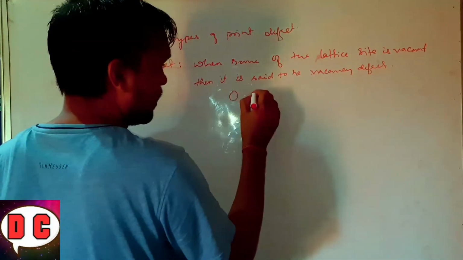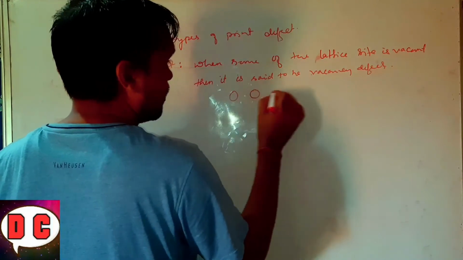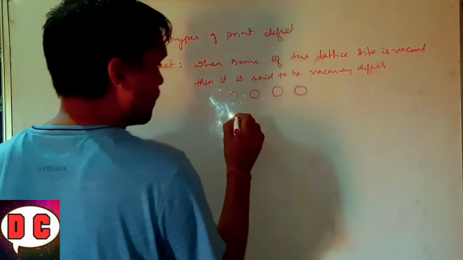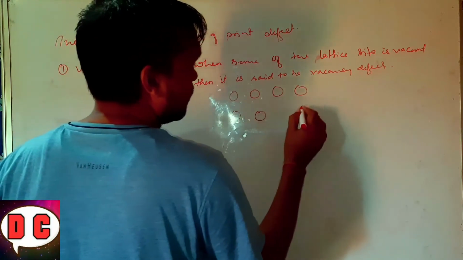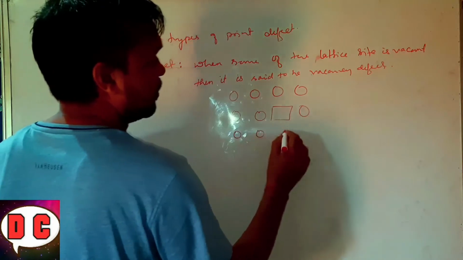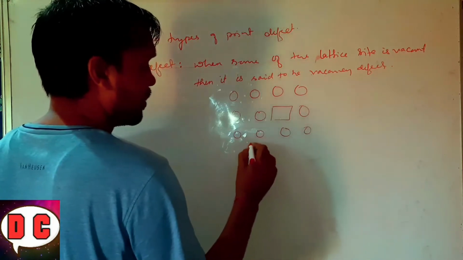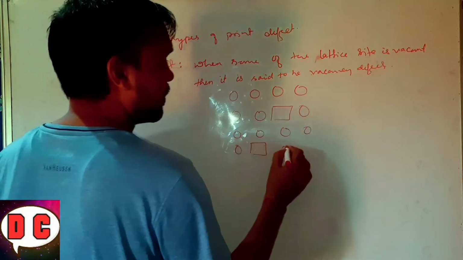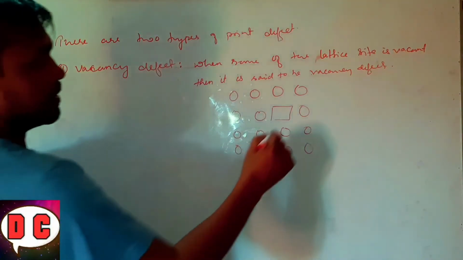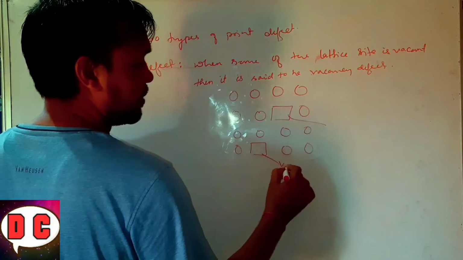Suppose this is a crystal here, 1 2 3 4, 1 2 3, here it is vacant, 2 3 4, here it is vacant. So this is nothing but vacancy defect. These are the vacant spaces, right?